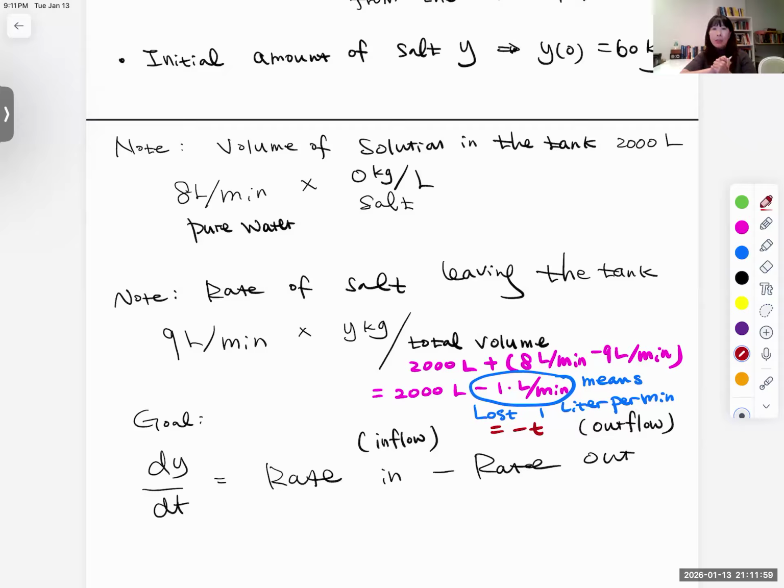Okay, good. All right, so let's write out the rate in. It will be 0, make sense? Because we multiply by this, which is 0, right?